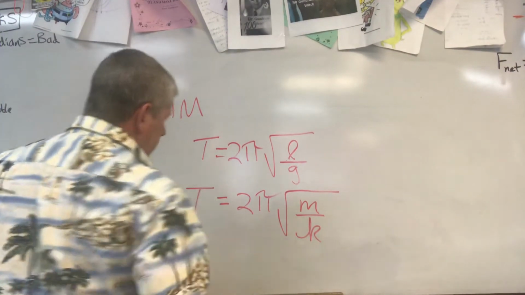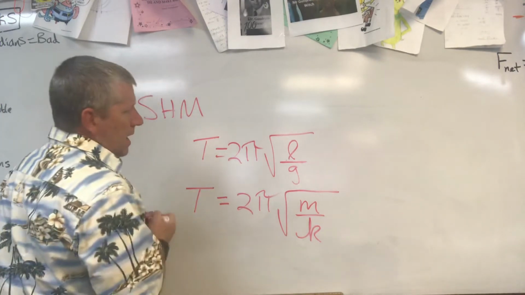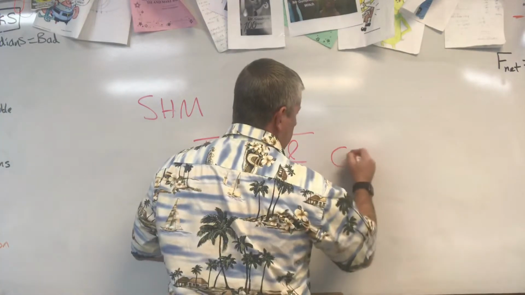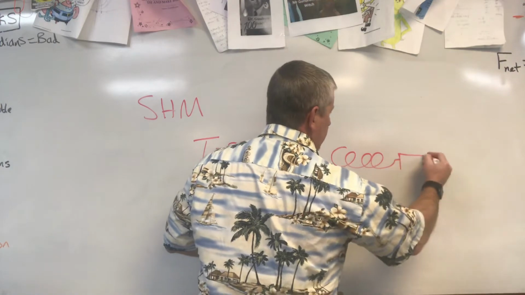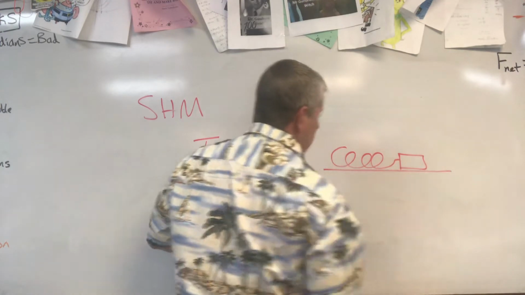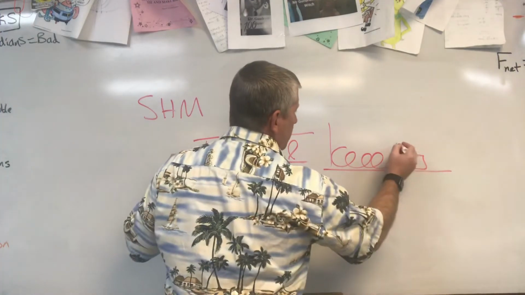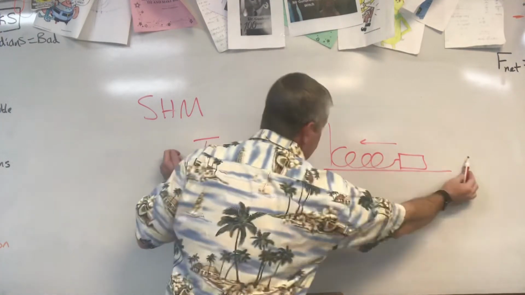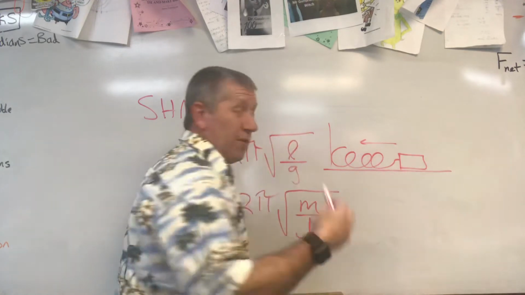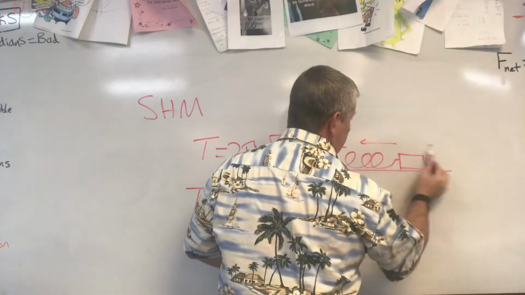Here, we have a mass going back and forth. Say you got a spring, and to it you attach a mass, maybe it's on a table, and this is a wall or something, and you push the spring in, and then you let it go. Of course, if it has friction, it won't go for very long. It'll stop.